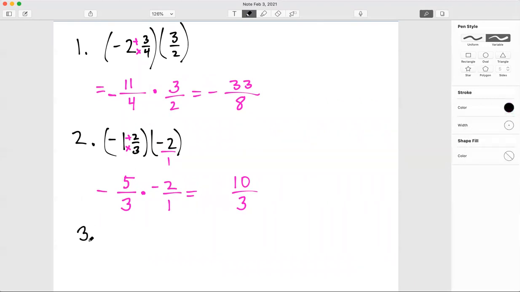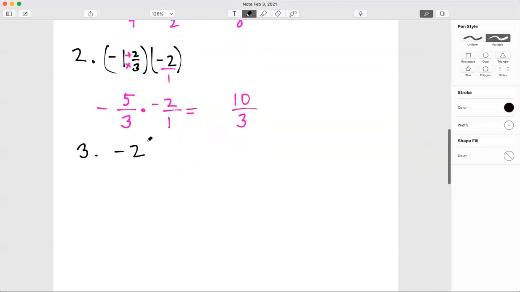All right. Now, how about this? -2 and 1/2 divided by -3 and 1/2.